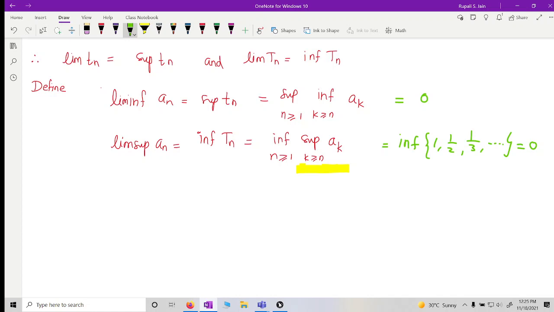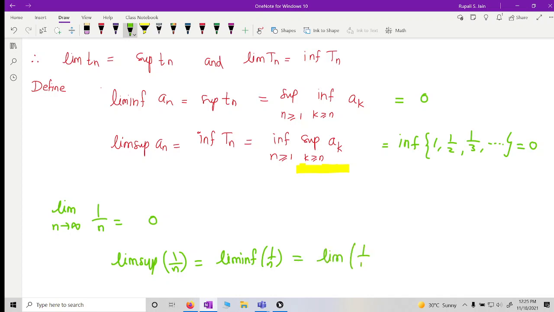Are you getting this? We know that limit n tends to infinity of 1 by n is what? It is 0 only, no? So limsup of 1 by n is nothing but liminf of 1 by n is nothing but the limit of 1 by n.